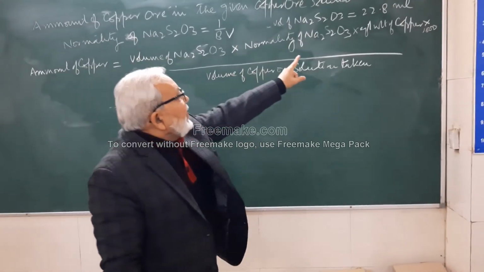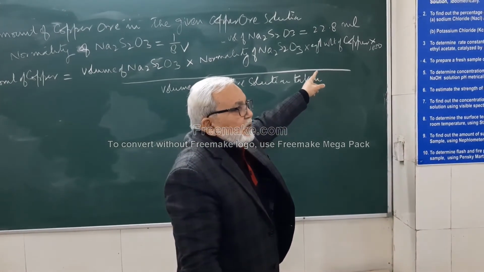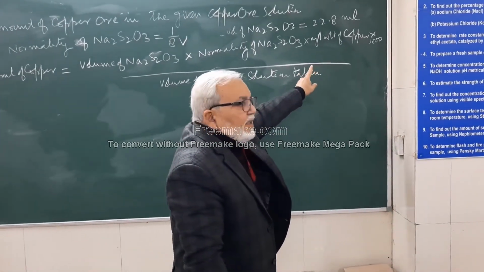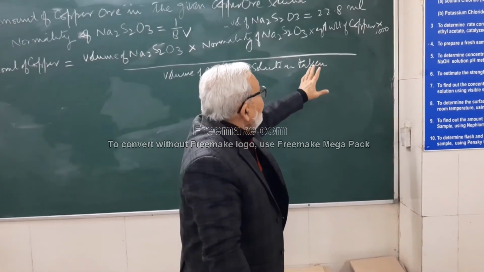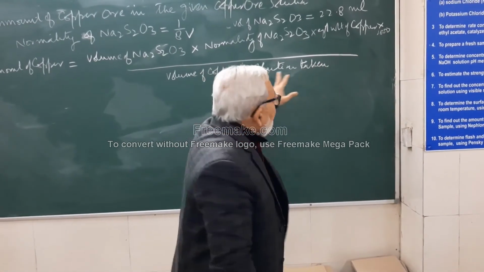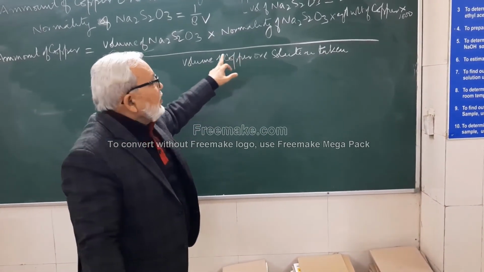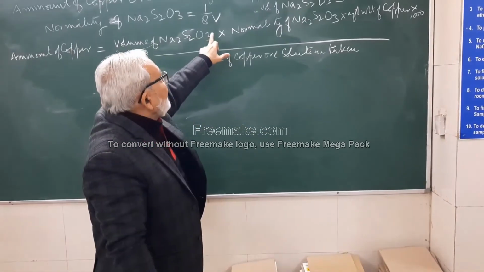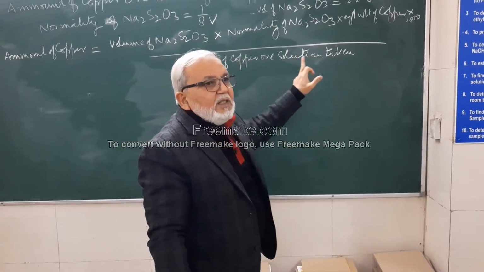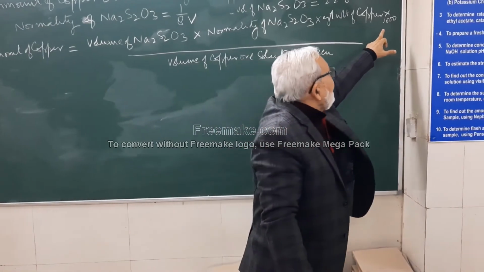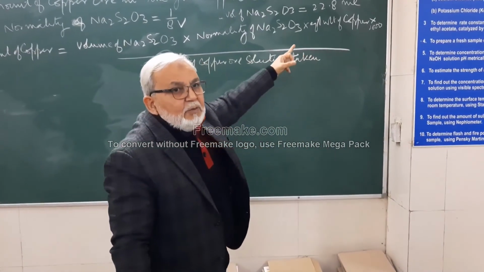When it is multiplied by the equivalent weight of copper, it is converted into milligram of copper, and the volume taken is 25 ml. So in 25 ml the amount of copper is this much. So what will be its amount in 1000 ml? This is why here we are multiplying by 1000.